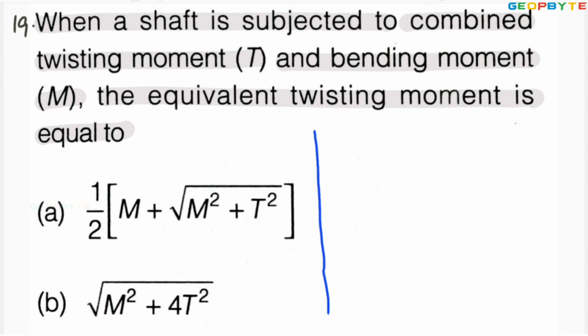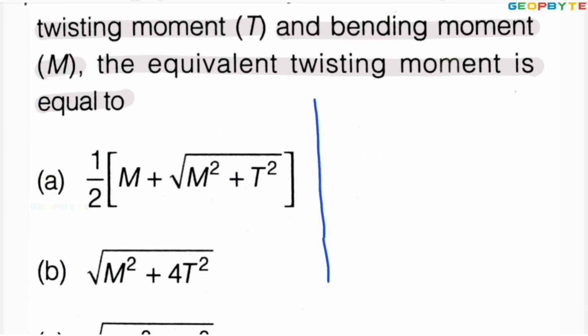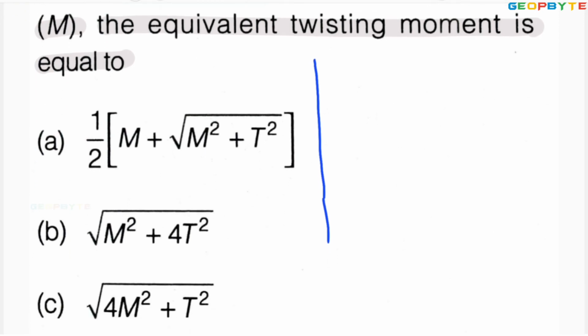When the shaft is subjected to only bending moment, bending stress is developed. When the shaft is subjected to both torque and bending moment, maximum shear stress and maximum bending stress are developed. In that case, they are respectively found from the equivalent torque and equivalent bending moment.